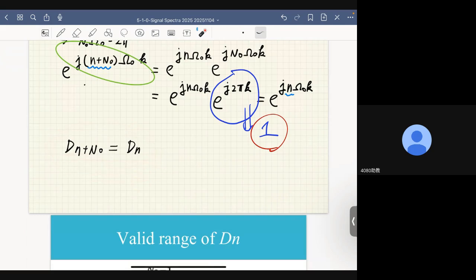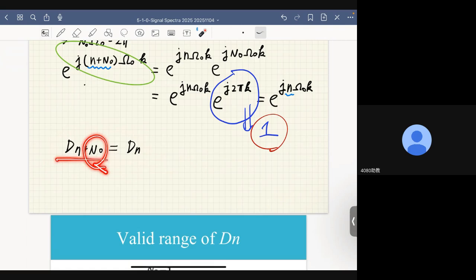It is not valid. It cannot be true, because it tells you that no matter what the signal is, its frequency spectrum will become a periodic sequence in the frequency domain, because its Fourier coefficients Dn will repeat themselves with a period of N0.